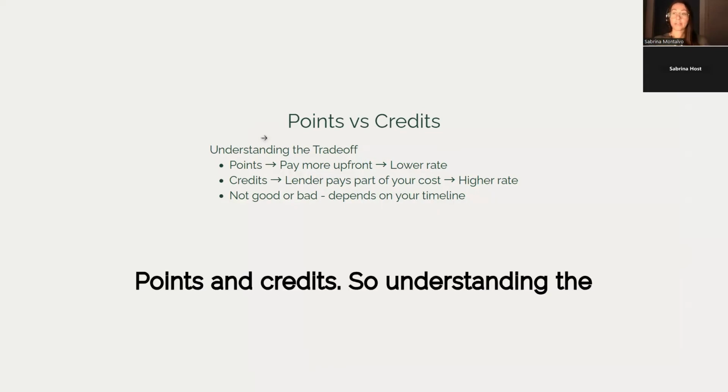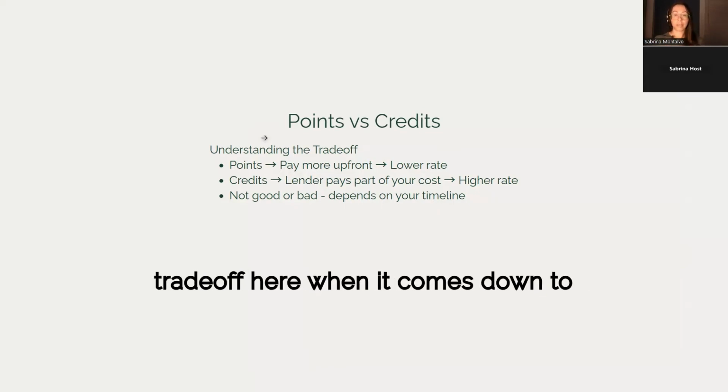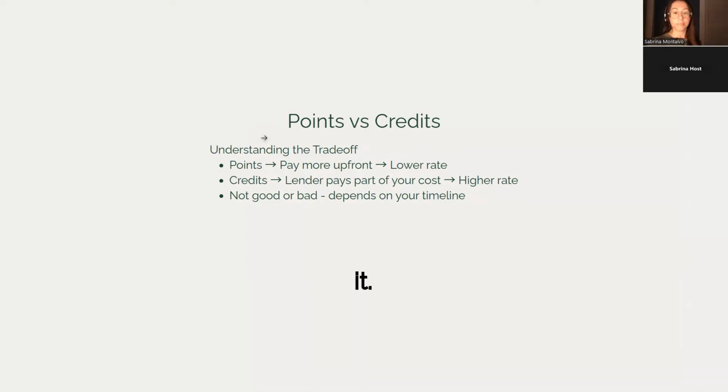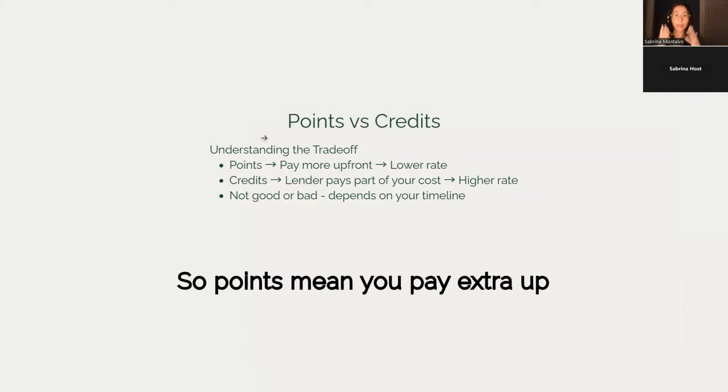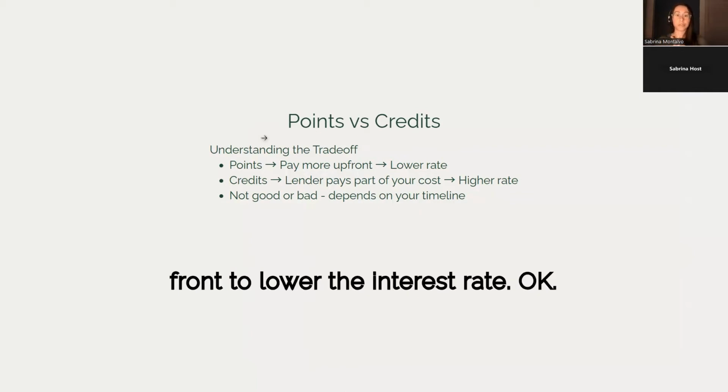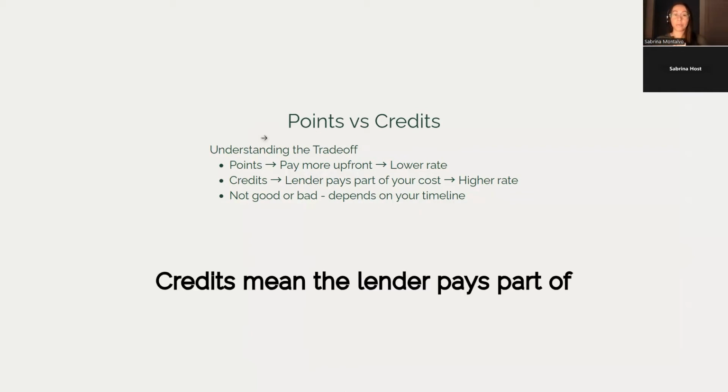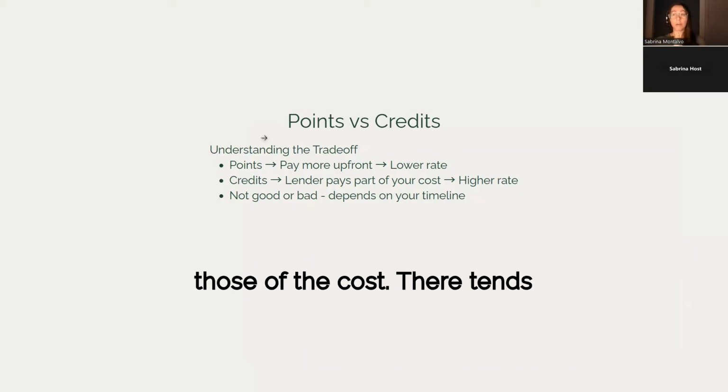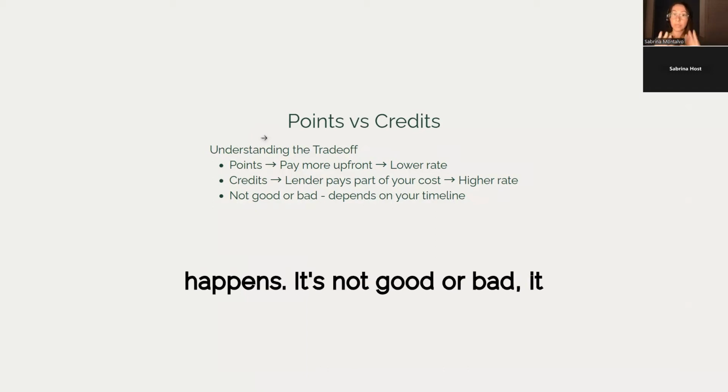Points and credits. Understanding the trade-off here is key. Points mean you pay extra upfront to lower the interest rate. Credits mean the lender pays part of the cost, so there tends to be a higher rate when that happens. It's not good or bad.